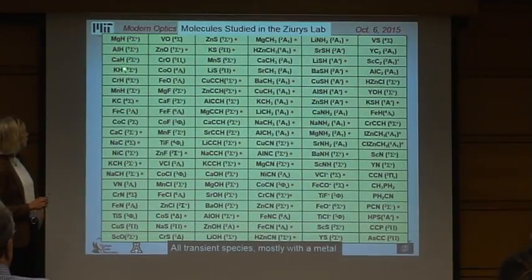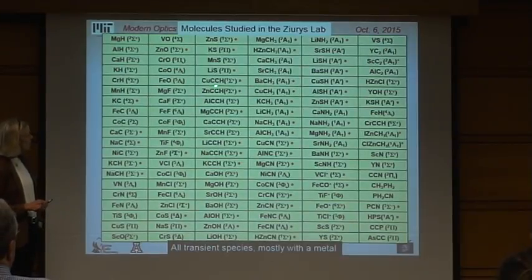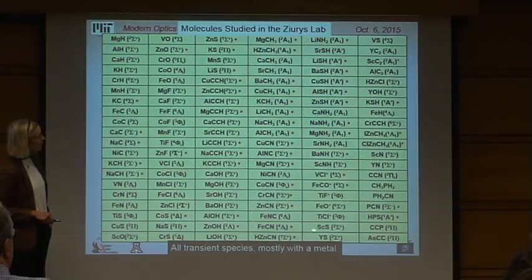And we studied everything from hydrides, which we looked at in the terahertz regime, carbides, nitrides, fluorides. Then we get into the monoacetylides, hydroxides, monomethyls, cyanide ones, with the cyanide group being particularly interesting, amides, and then some simple molecular ions.